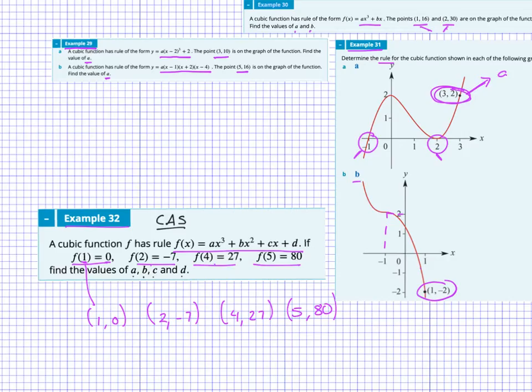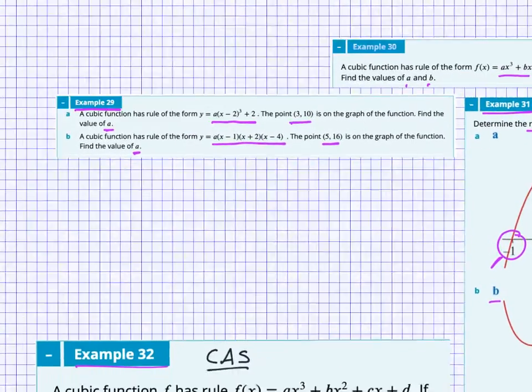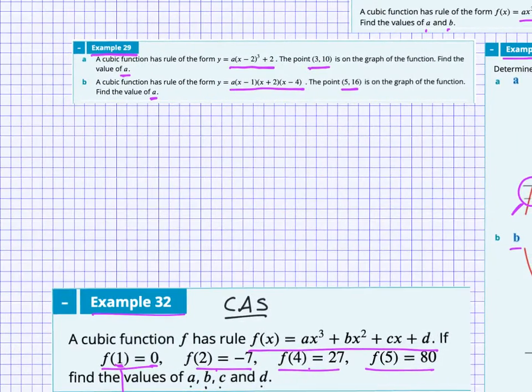So let's go back to example 29 and we'll work our way through. I won't do all of them because they get repetitive after a while. So we'll have a look at the first one, A. We've got the form, the point, the variable. So I've just got to interpret this. I know that 10 equals A times (3 minus 2) cubed plus 2. 10 equals A times 1 cubed plus 2.